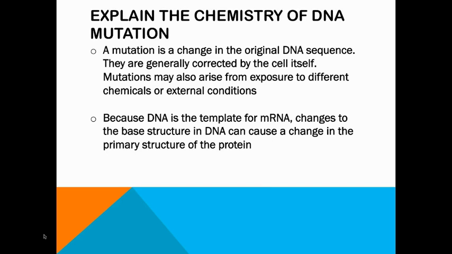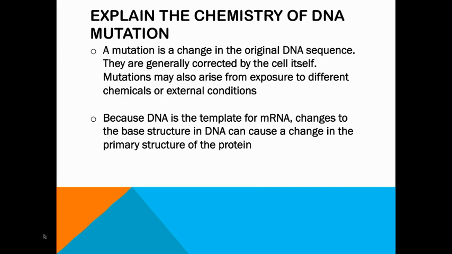DNA mutation comes about as a change in the original DNA sequence. Oftentimes, these changes are corrected by the cell. They can be caused by random chance, but also by different chemicals or external conditions.